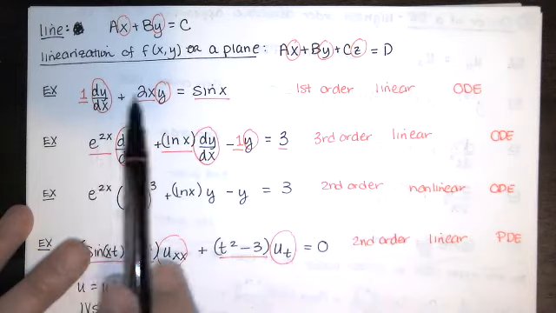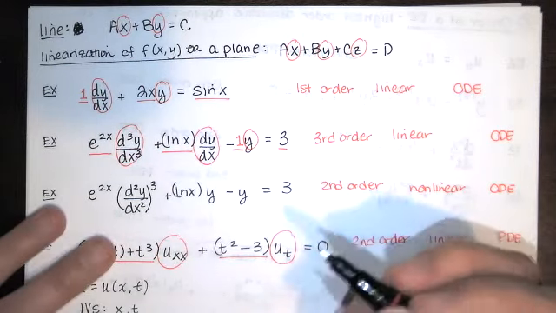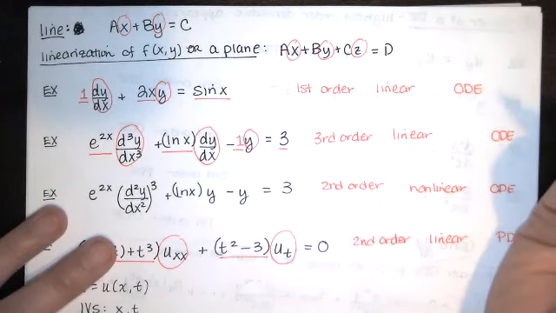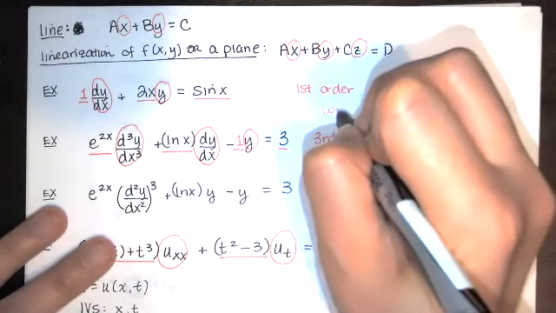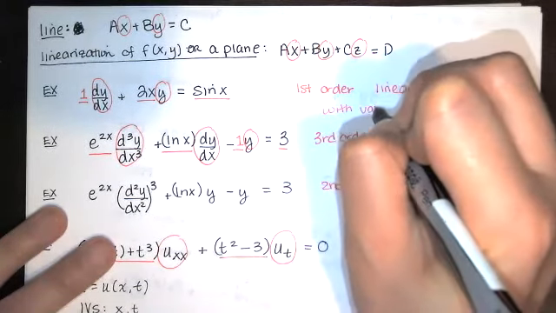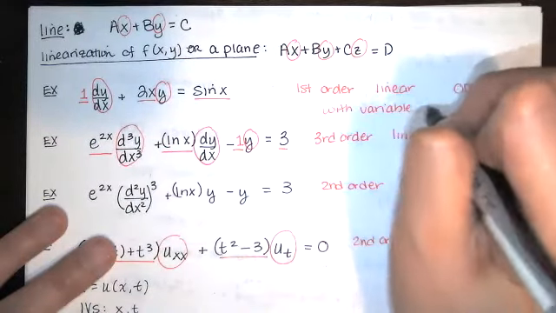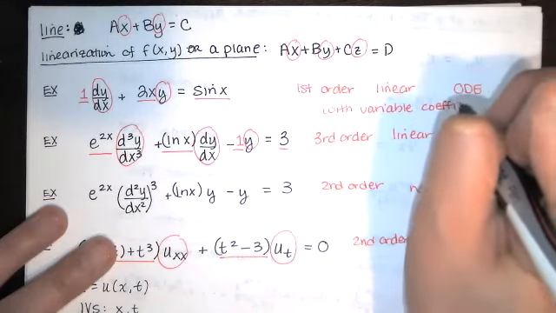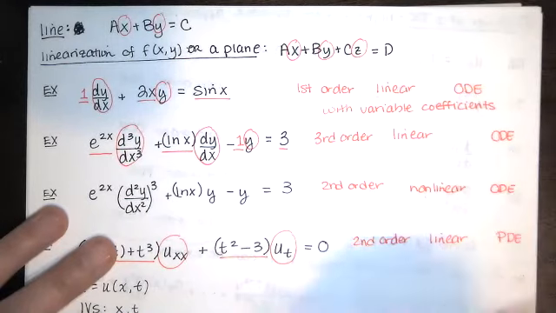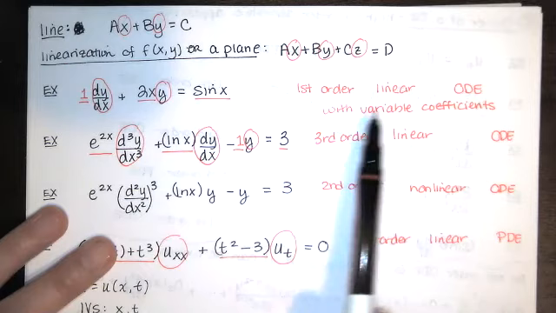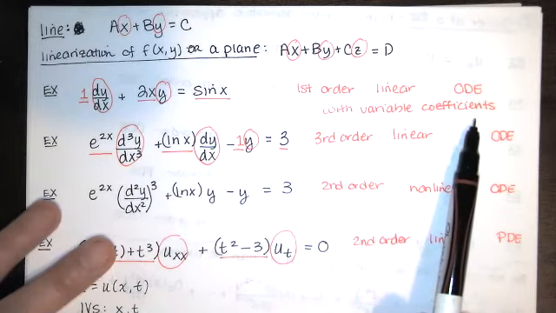The coefficients are 1 and 2x. So it has variable coefficients, because that coefficient depends on x. First order linear ordinary differential equation with variable coefficients.